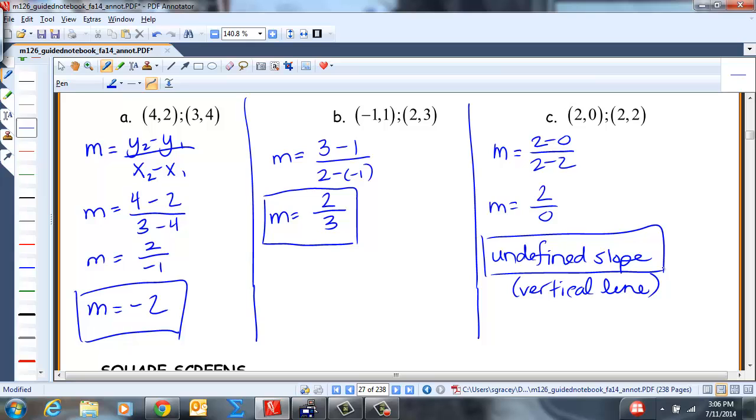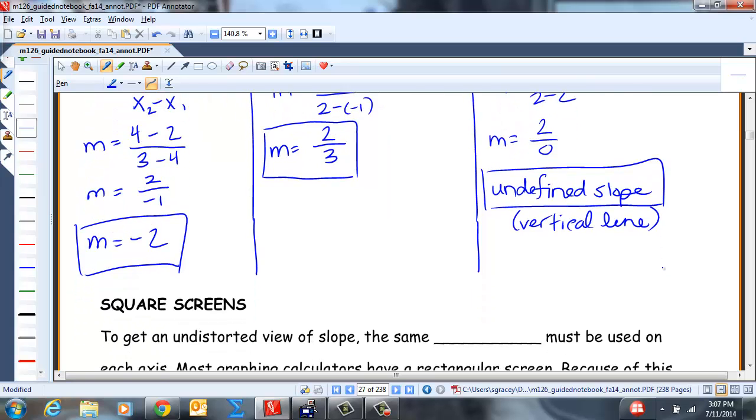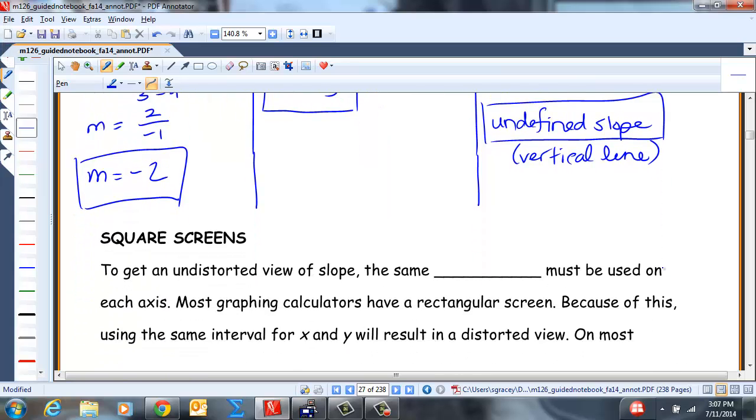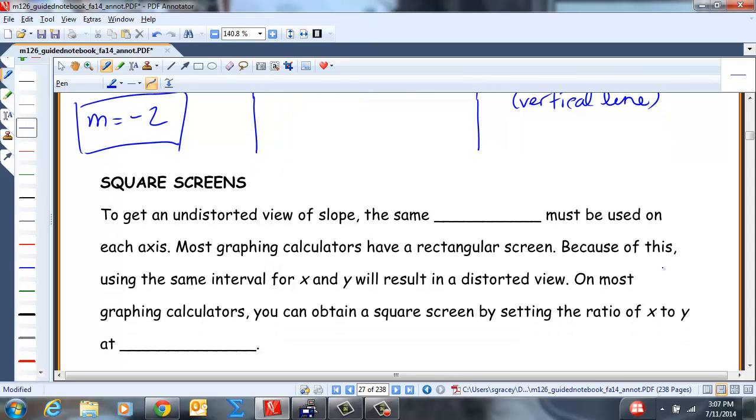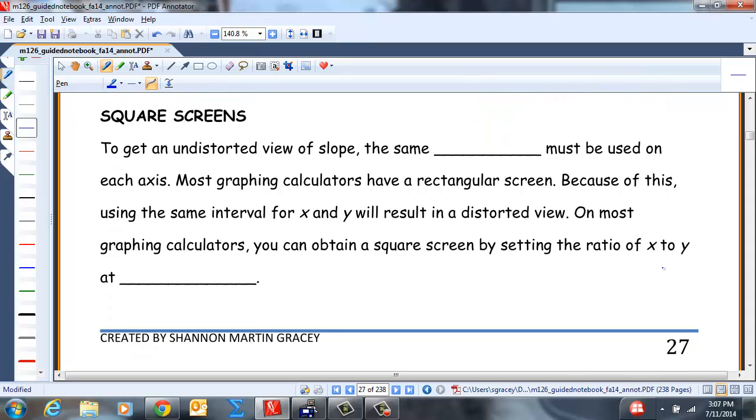So when we're dealing with slope and trying to ascertain slope by looking at our graphing calculator, it's very useful to use a square screen. So in the TI-83s and 84s, most of the time in the standard zoom, what you have is the rectangular screen.